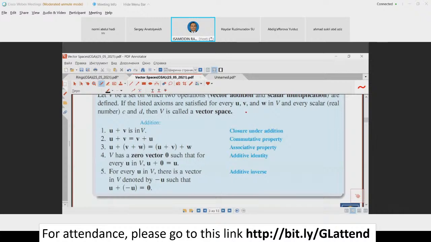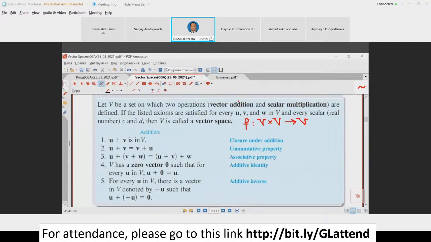So we have a non-empty set V, we have V cross V into V. One function. We have scalars, set of scalars, let me denote as F. This is a field.